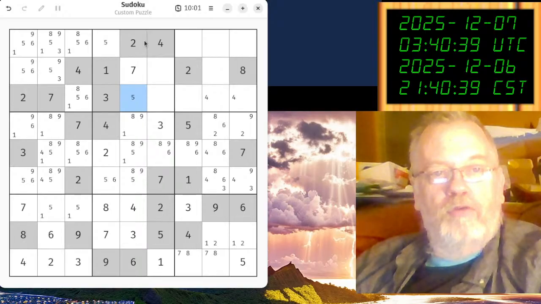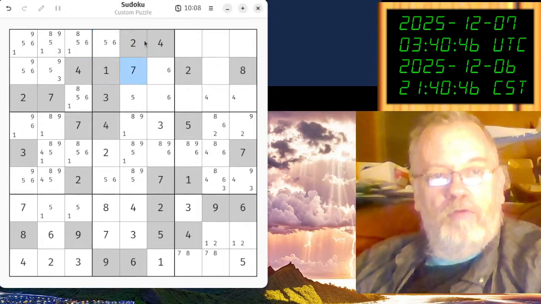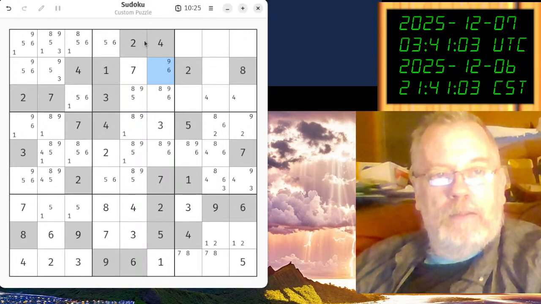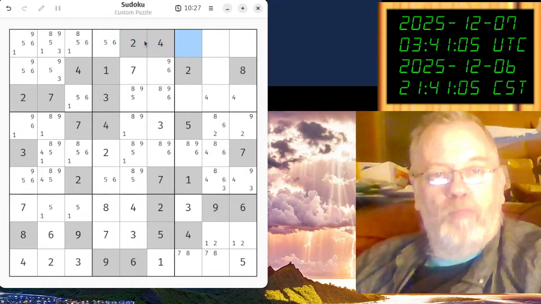This can't be a 6, so 6 is going to be one of these 3. 7 is on the board already now. 8 can't be here, or here, so one of these 2 is going to be 8. That one isn't. And then 9. Looks like I've got 3 possible places for a 9. Can't have one there. All right.